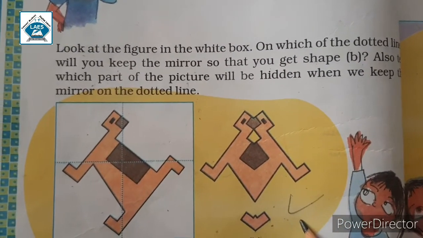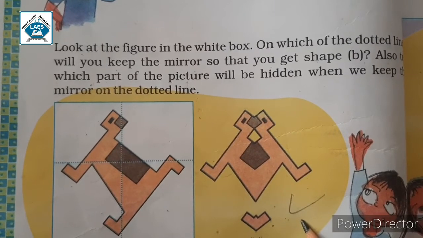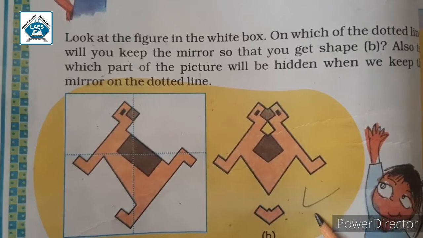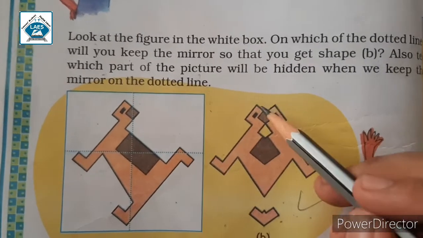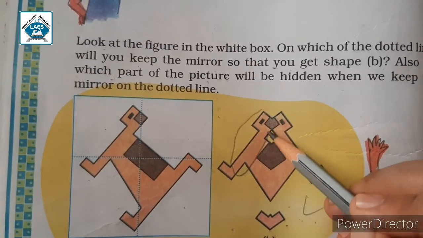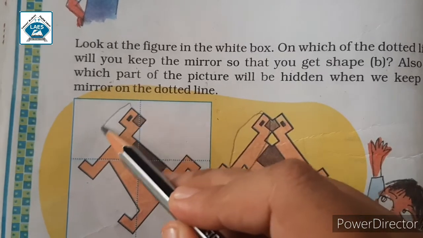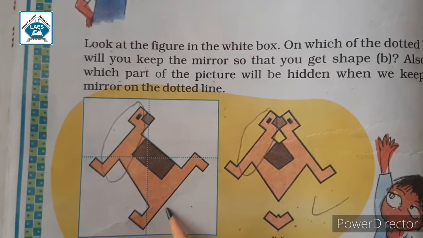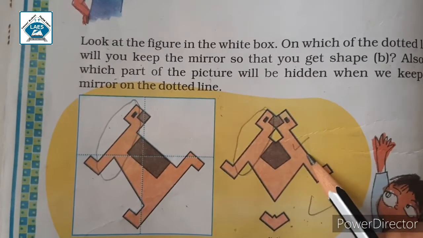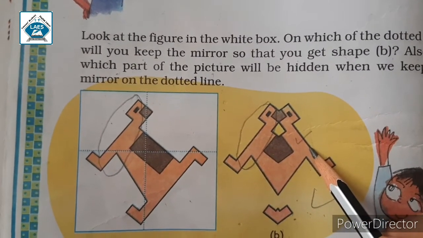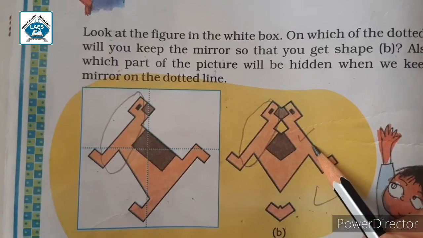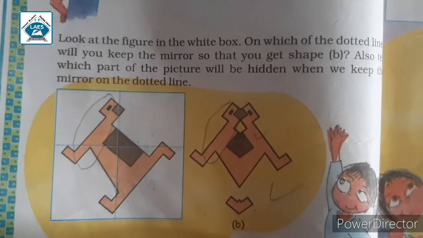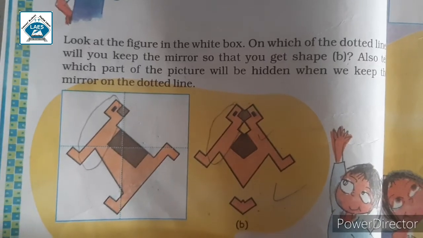It is very easy. For that, what do we have to do? First, we have to get the original picture. So here, this is the original picture, and this is the second part. You can see the mirror half. Now we have got our original picture.